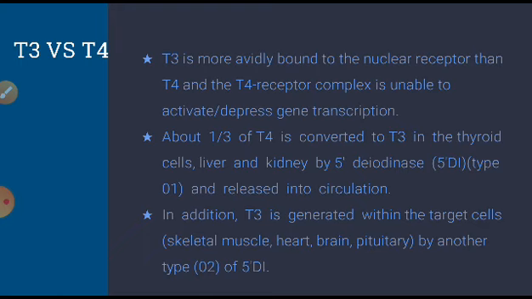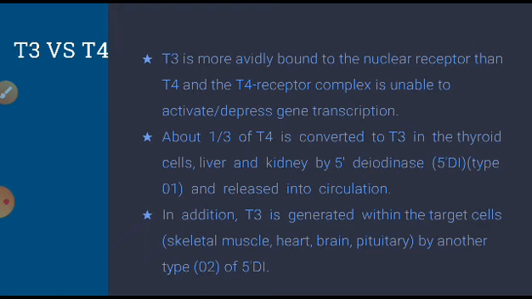About 1/3 of T4 is converted to T3 in the thyroid cells. So this is another interconversion, where about 1/3 of T4 is converted by deiodination into T3, in the liver and kidney, by the enzyme 5'-deiodinase, called 5'-DI.